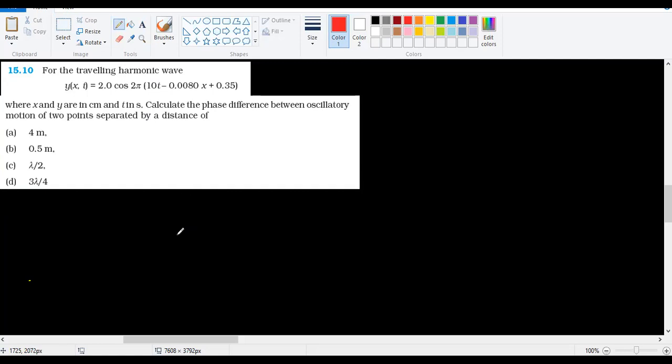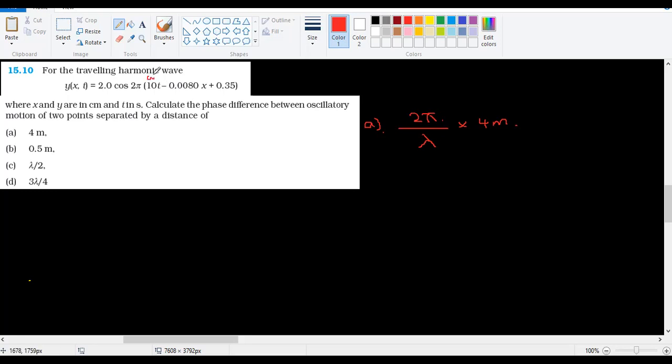So I'm supposed to find the phase difference. The phase difference between 2 points separated by a distance of lambda is 2 pi. How much is it for this distance, 4 meters? That will be the first one. Which means if I find the lambda, I'm done.